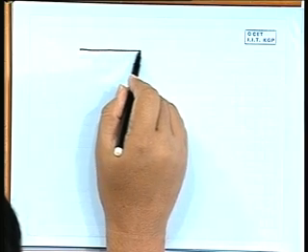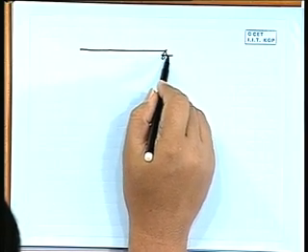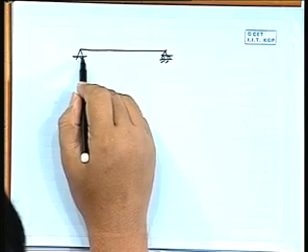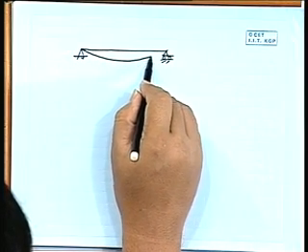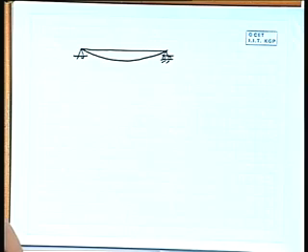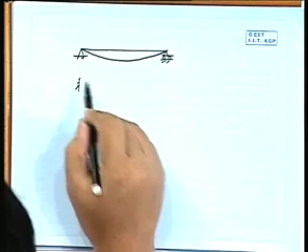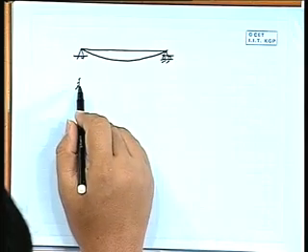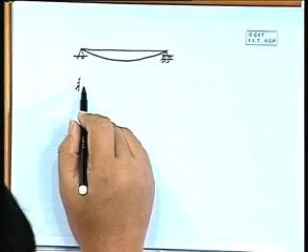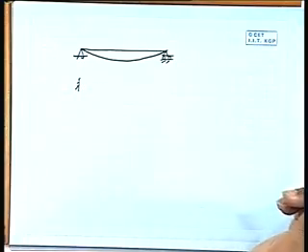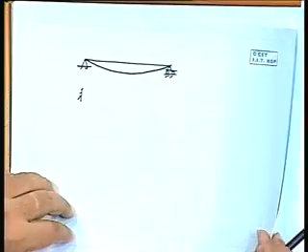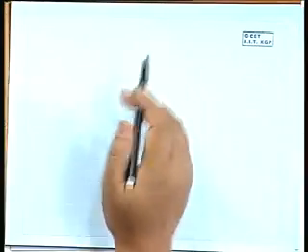Now, a simply supported problem: the deformed shape is a sinusoidal curve, the fundamental case. Now if we take a cantilever, I think I should draw in a different way, otherwise it will not be possible to explain.